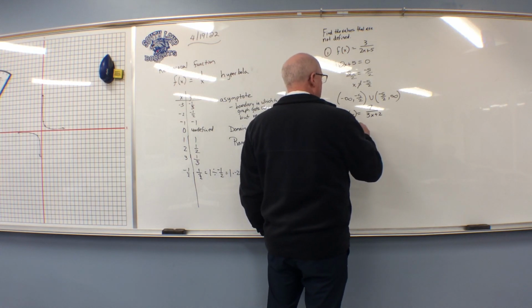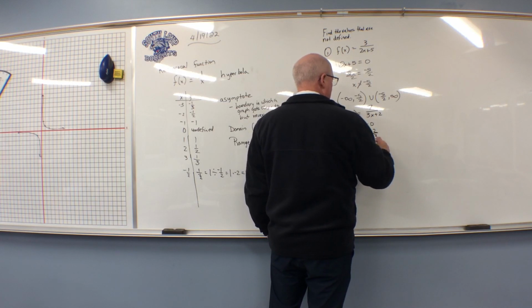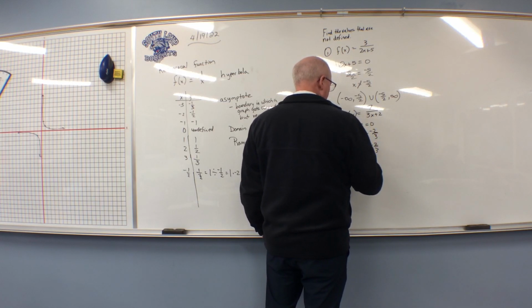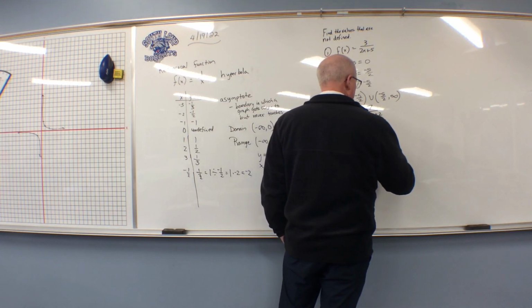So we're going to set 3x plus 2 equal to 0. Solve. Divide by 3. x equals negative 2/3. So we're going to go from negative infinity to negative 2/3 union negative 2/3 to infinity.